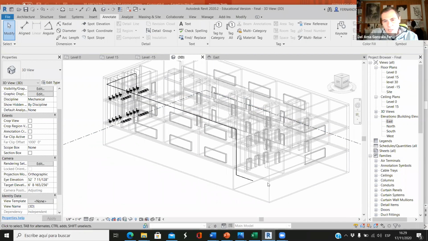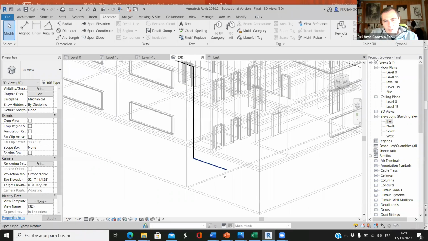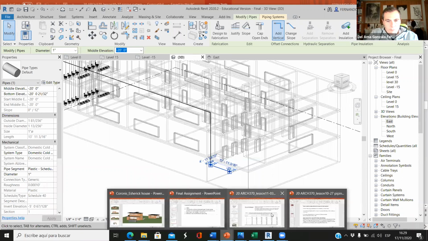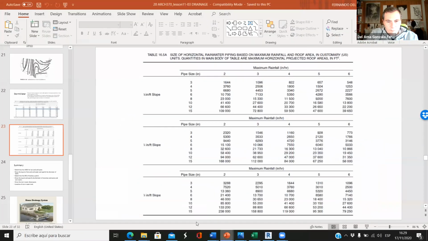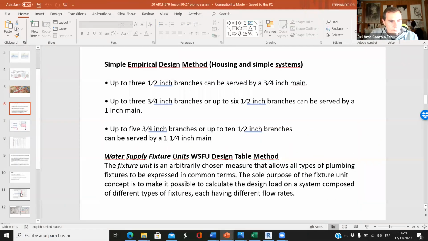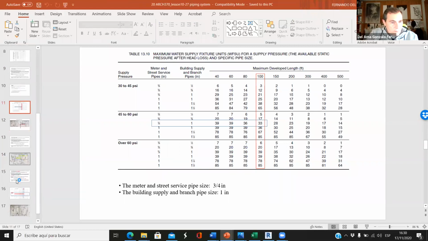Okay, so I want you to calculate based on the fixture units. I want you to calculate the size of this first pipe, from this table. No, this table.